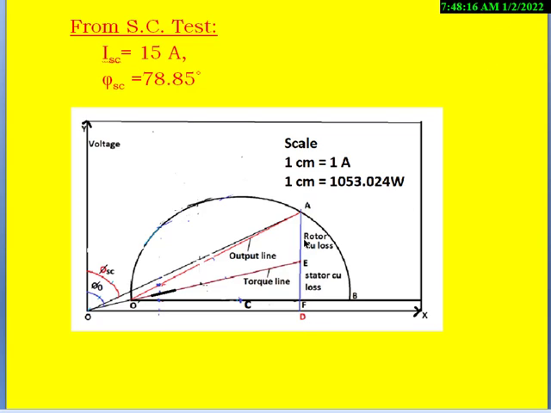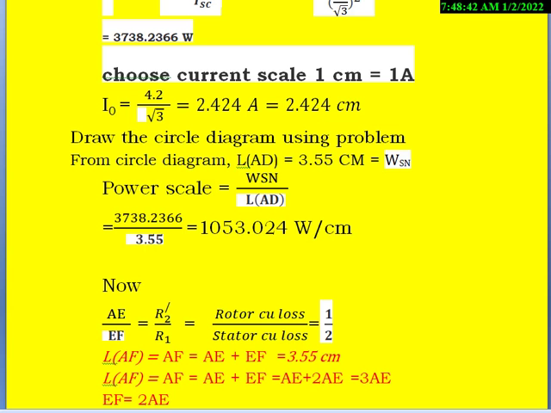Measure this distance, which is going to be used to decide the power scale. The distance between A and D is 3.55 centimeters. This line represents the rotor copper loss when the rated voltage is applied to the three-phase induction motor with the rotor blocked.